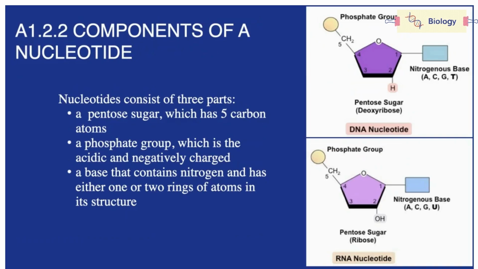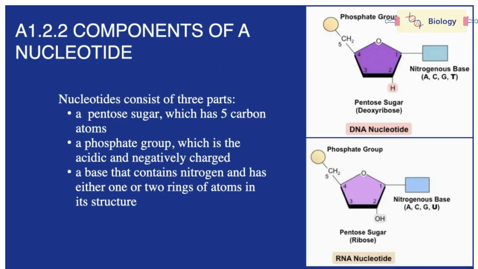Now, components of a nucleotide. So, what is a nucleotide? Both DNA and RNA are polymers of nucleotides. What does it mean? It means that DNA and RNA are composed of many nucleotides.